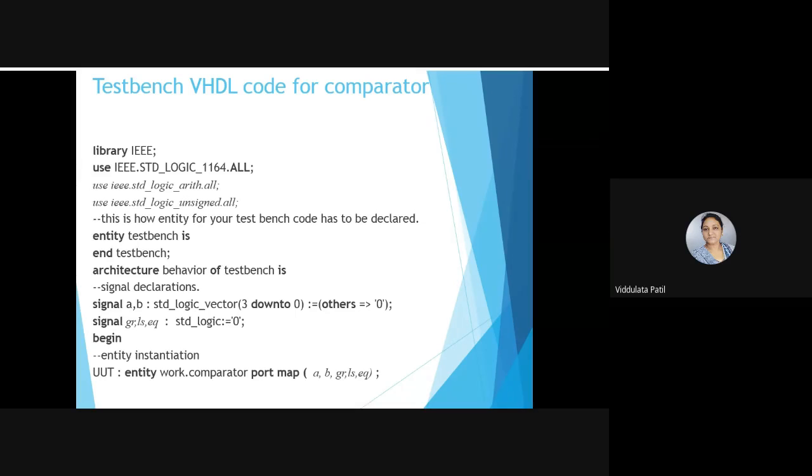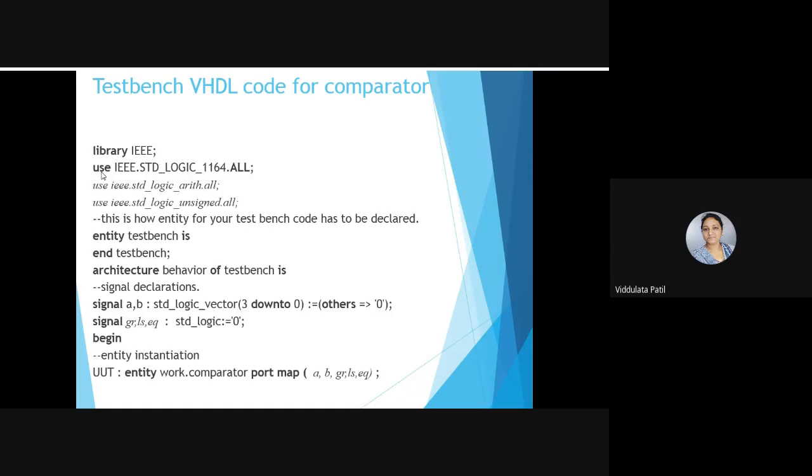But if that is not the case, we need to write it, and so we have this code here. The library IEEE and package will be automatically added. At the same time, we have used two other packages, std_logic_arithmetic and std_logic_unsigned. These packages will be automatically added to this test bench.